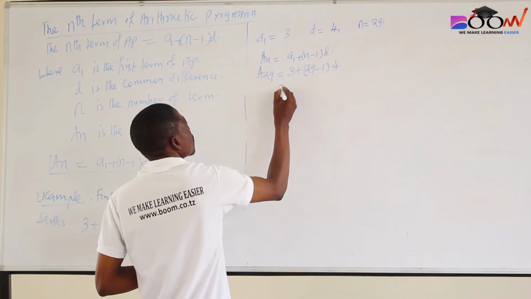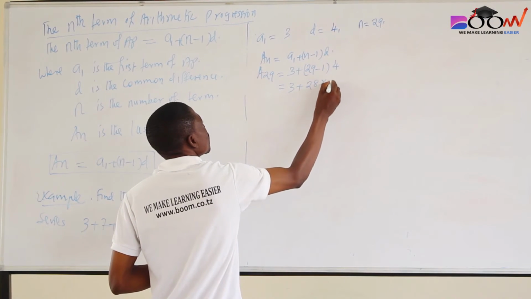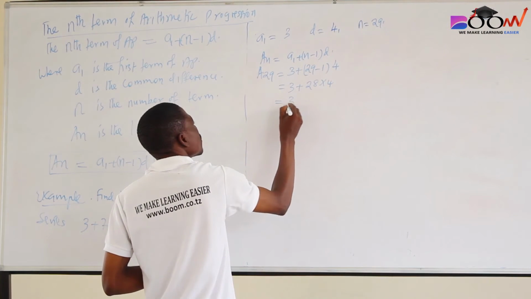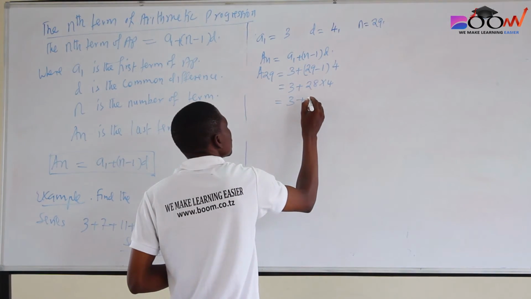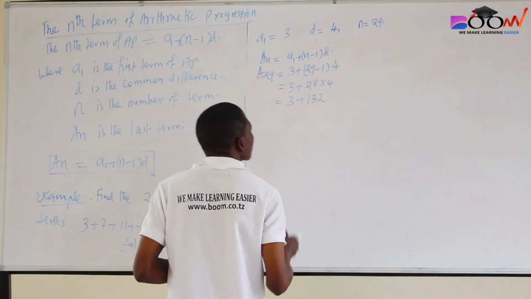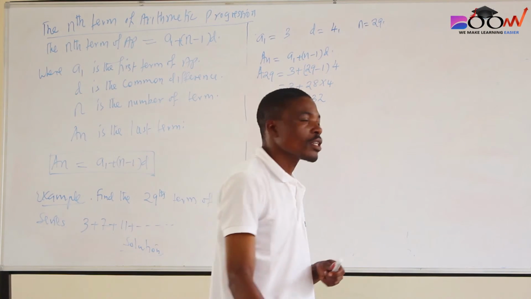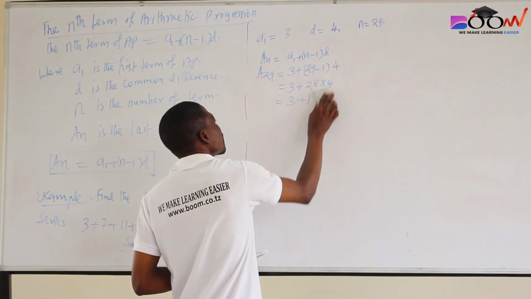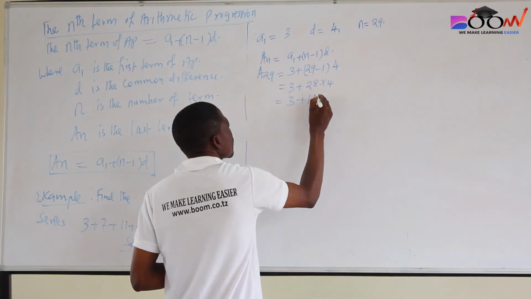In that case, it will be equal to 3 plus 28 times 4. 28 times 4 is 112.